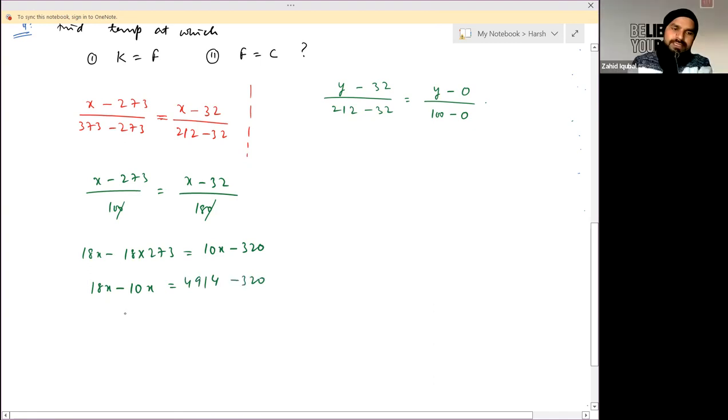So 18 minus 10, it will be 8x, and just subtract the parts. So x equals 4594 divided by 8.